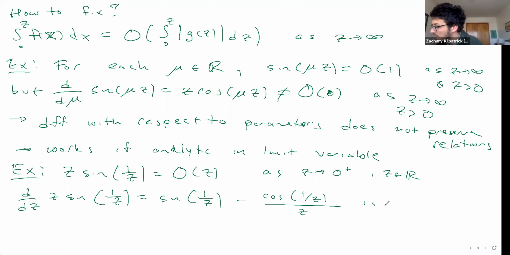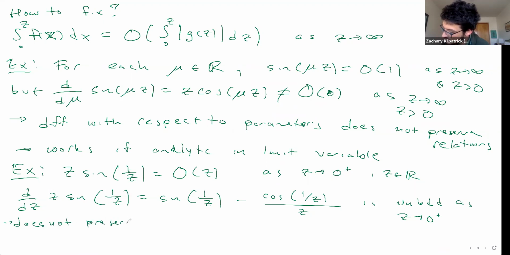And this is unbounded as z goes to 0 from above, or from either side, I guess. So again, this does not preserve our order relations. And so you cannot necessarily differentiate with respect to your function variable, in addition to the parameters.